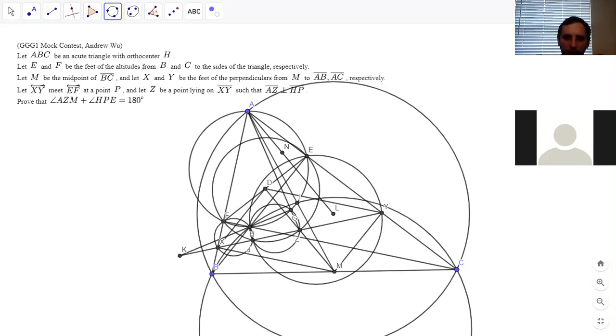Let's see. No. So the center would lie on MB.